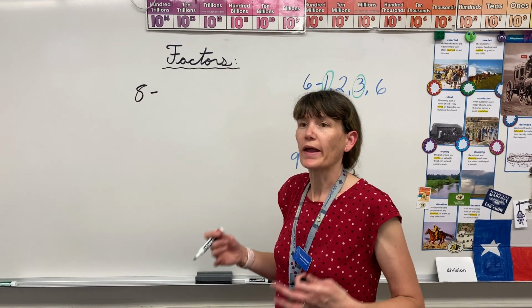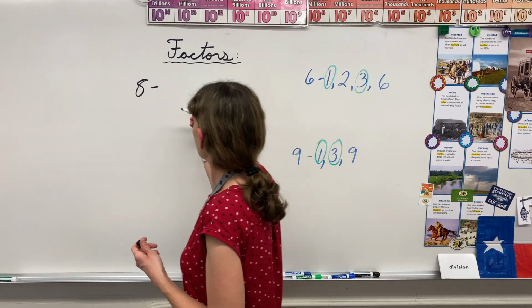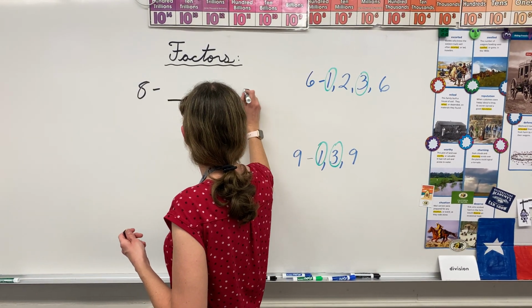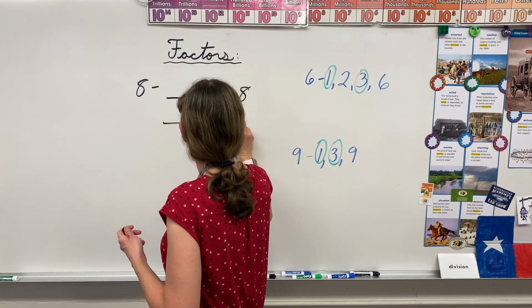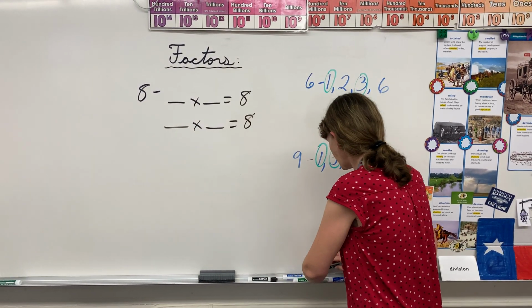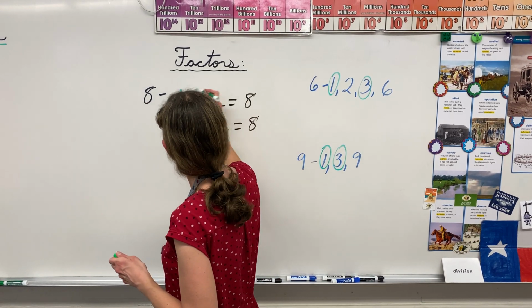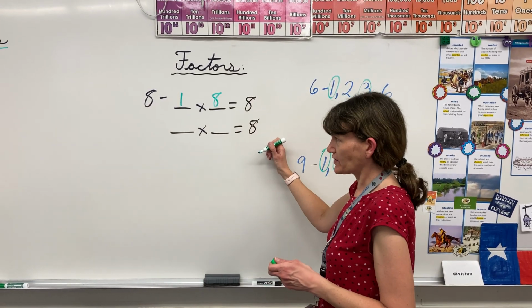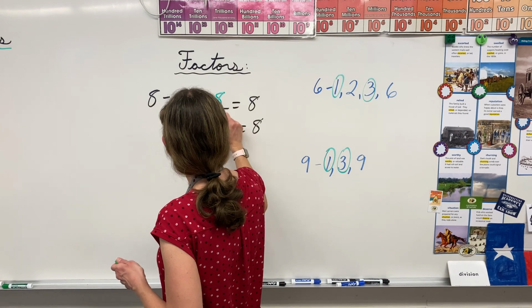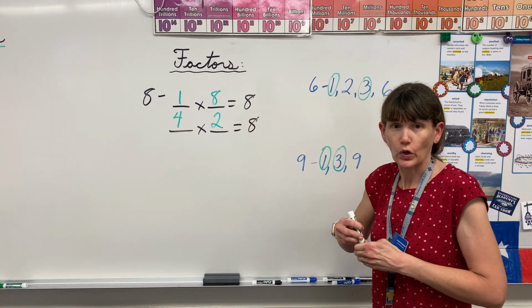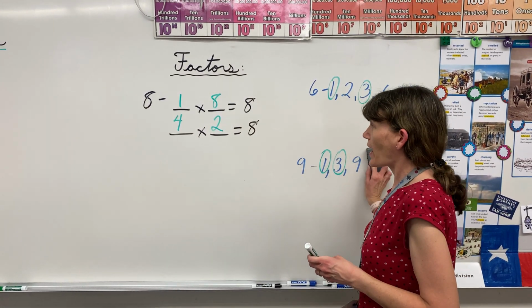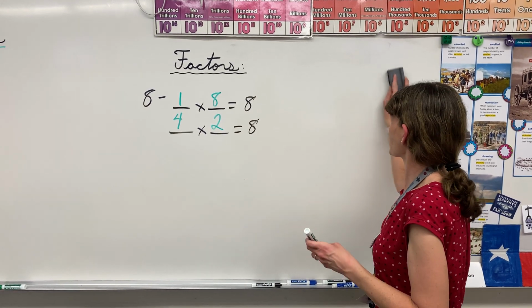So you're thinking in your brain, what times what equals 8? So those are your factors that you're putting in place. So 1 times 8 equals 8, and then 4 times 2 also equals 8. So you have those factors.